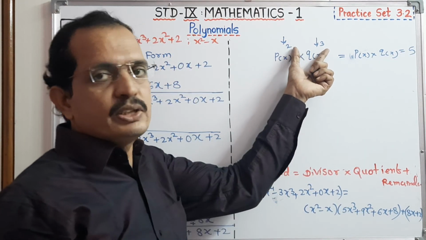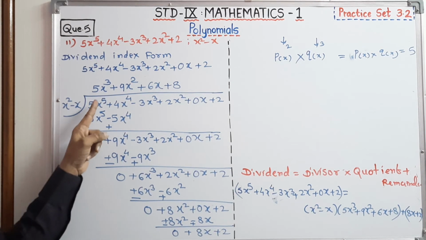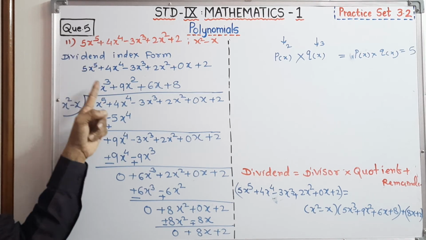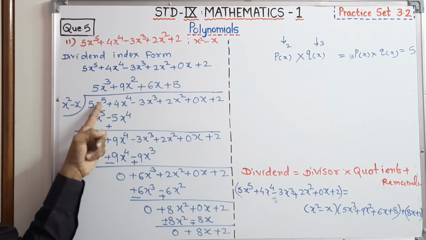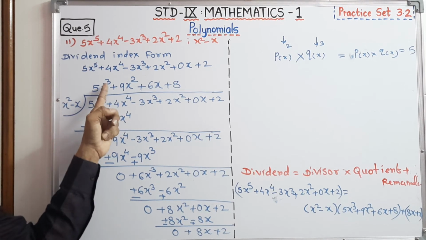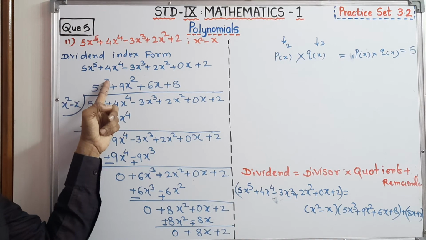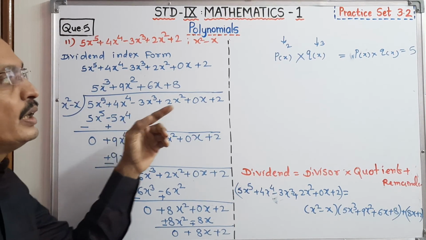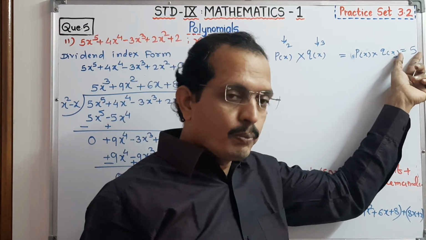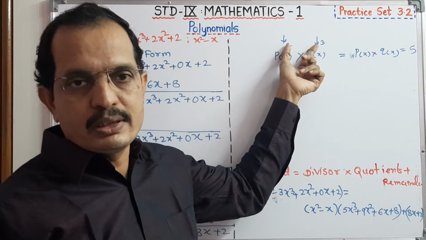We have to make the addition. Now see dear student, here degree of this dividend is 5, divisor is 2, and quotient is 3. That means 5 minus 2 is equal to 3. That means when we are doing the multiplication, then the degree of the product will be the sum of the degree of these two polynomials.